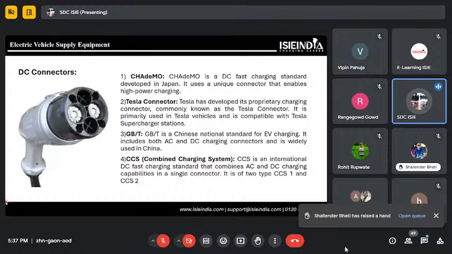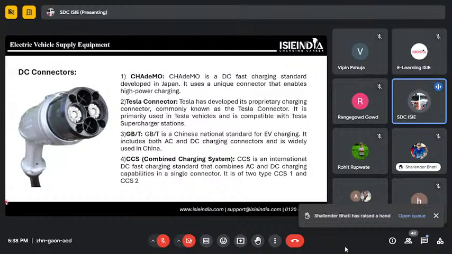So I'm starting with the DC connectors. In AC, we have covered type 1 and type 2, which we called SAE J1772 and IEC chargers, right? Now, when we go to DC connectors, we will find CHAdeMO, Tesla connectors, GB/T chargers, and CCS chargers, which are CCS1 and CCS2, right? CHAdeMO is suitable for DC fast charging.